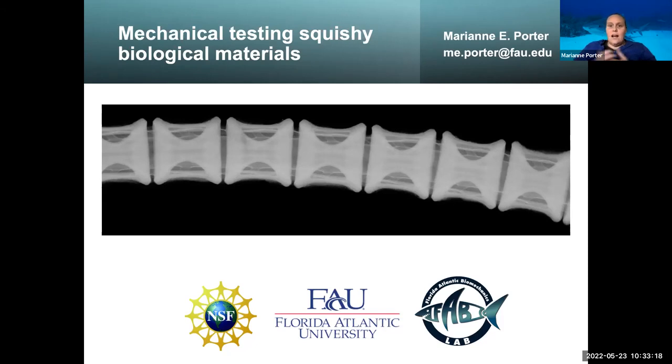The major players that we'll be talking about here, we can see in this vertebral column, we've got vertebrae, joints, and more vertebrae. And this is all mineralized cartilage in the vertebrae. So we're talking about something that is stiff, but it's also viscoelastic. So we're going to be talking about a number of approaches to think about studying these viscoelastic materials.